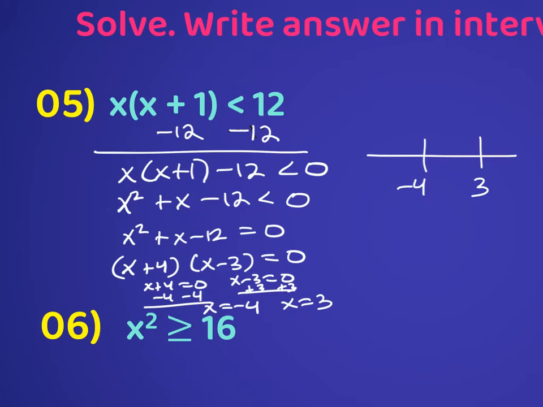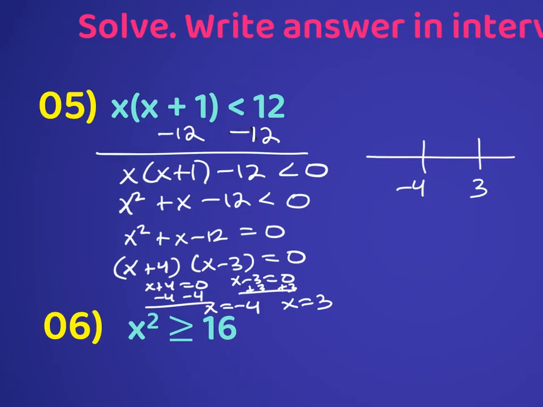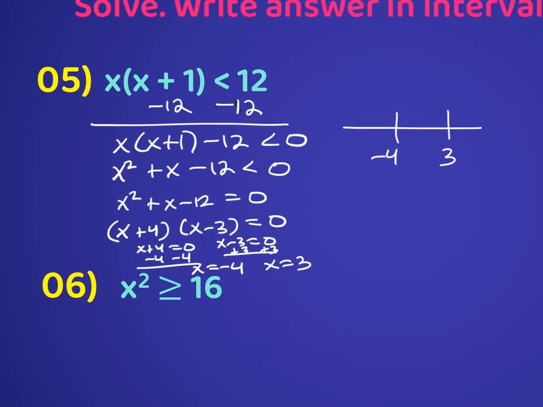Again, pick a checkpoint or a test point. Again, 0. It wasn't one of my answers, so I can use it. So now I'm going to plug it in. 0 times 0 plus 1, less than 12. Anything times 0 is 0. This is a true statement.